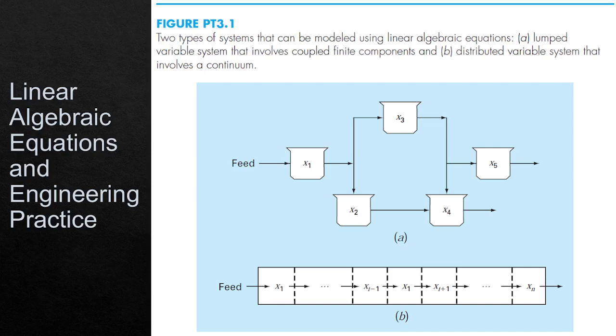For the next figure, this is a distributed variable system that involves a continuum. It is a different diagram from figure A, and figure B shows only one path. In establishing the equation, it would be very different from letter A. Letter A would be much more obvious, but for letter B, there might be some factors you need to consider before you establish that equation.